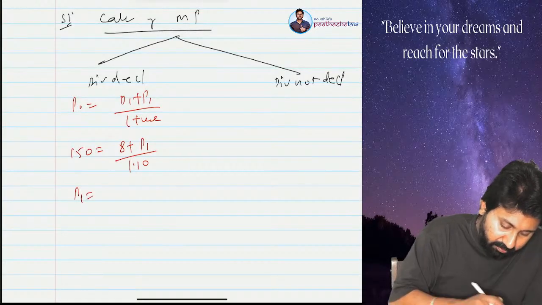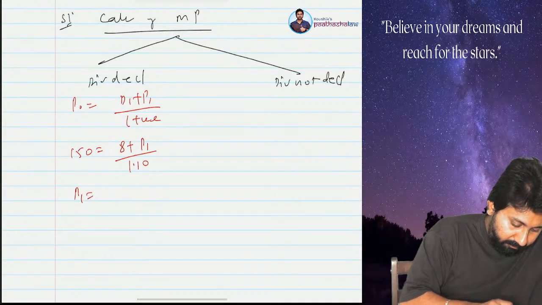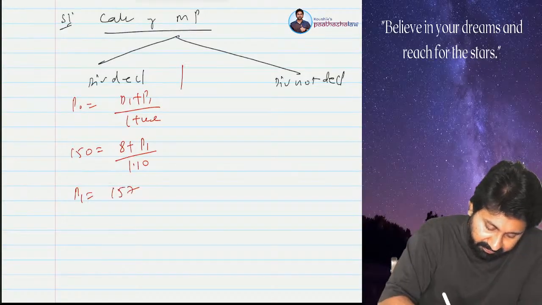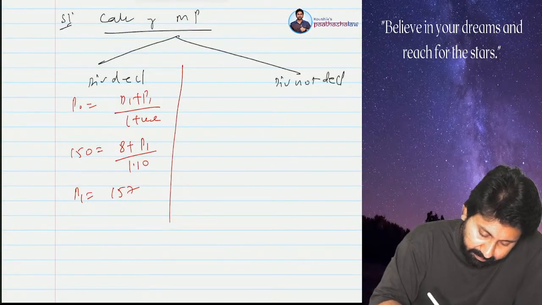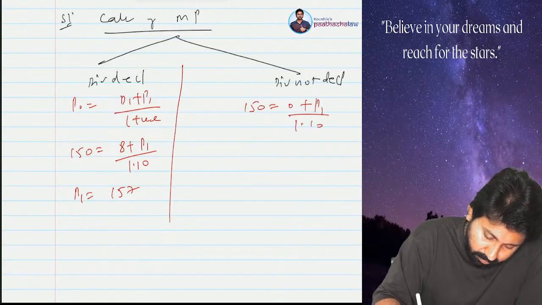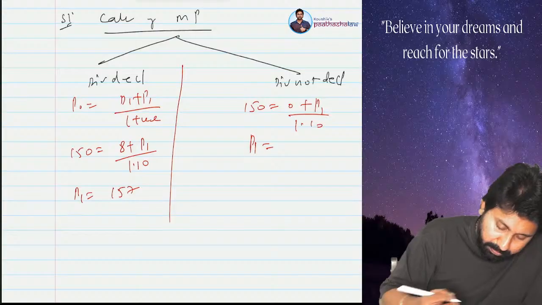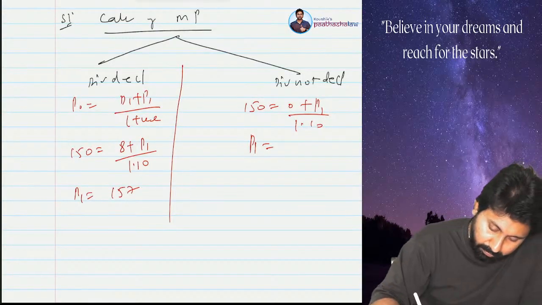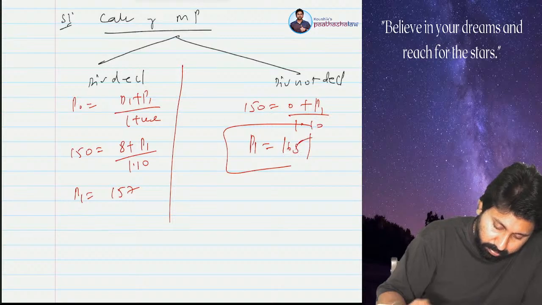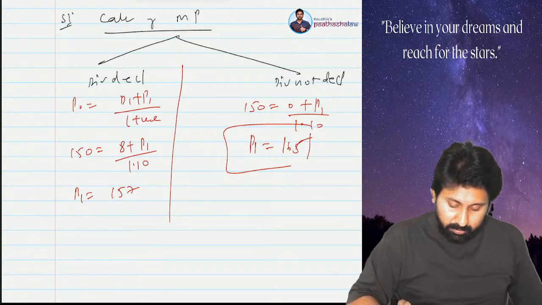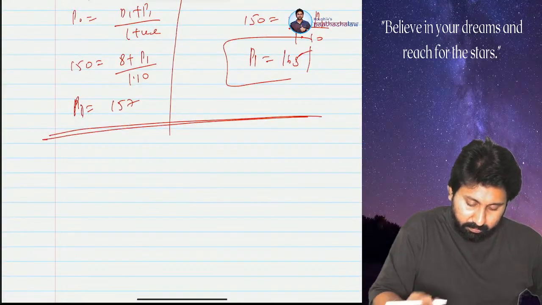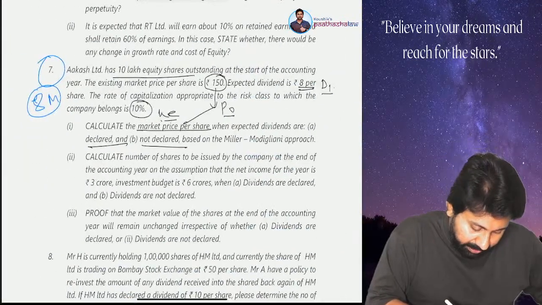So P1 equal to 150 into 1.1 minus 8, which is 157. When the dividend is not declared, P1 equal to 165. So 165 and 157. First part completed.